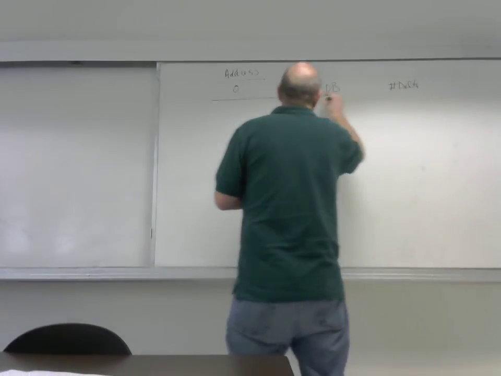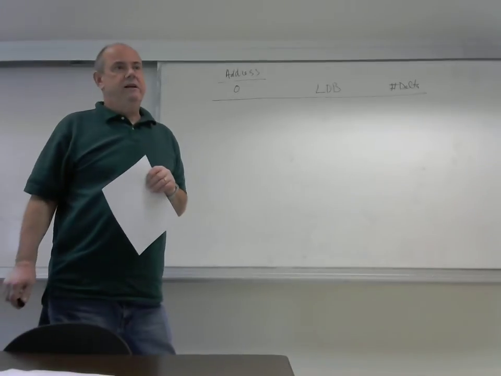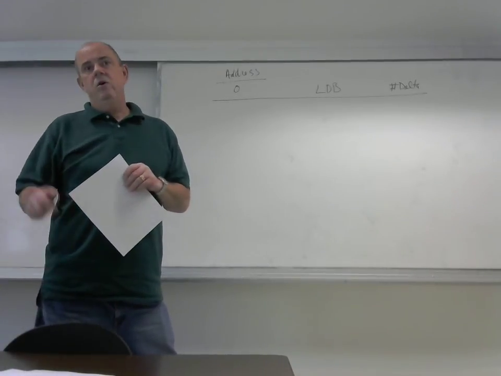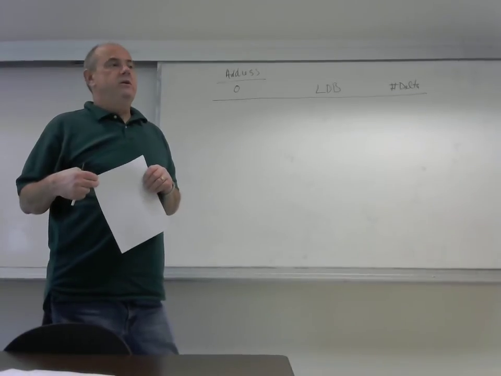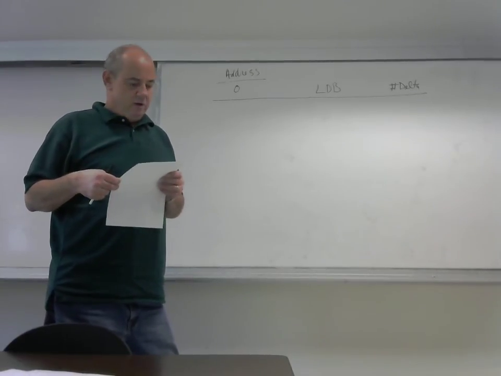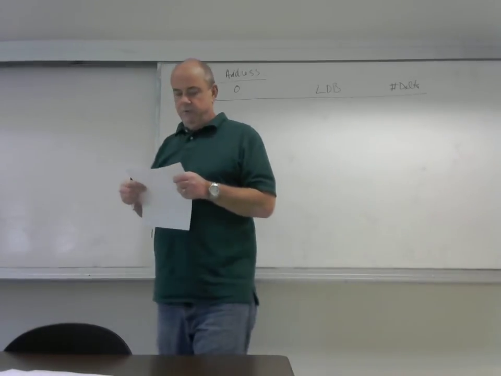Now, of course, we can't encode this yet because we haven't found delta. We don't know where delta is. So there's no way we could encode this instruction right now, and we're not going to even try with pass 1. Our first thing is we're going to define all of our symbols.